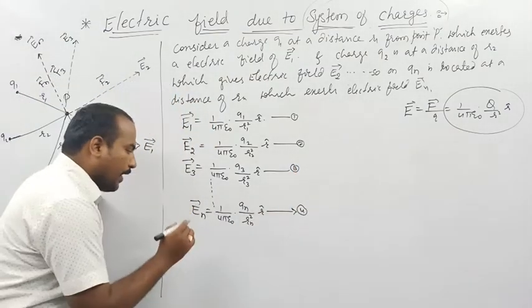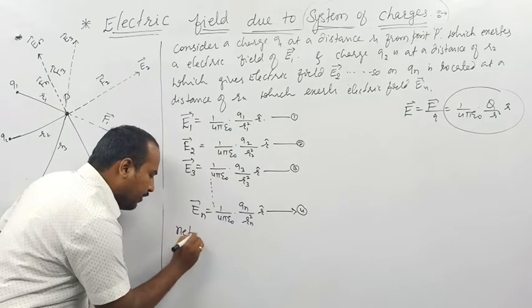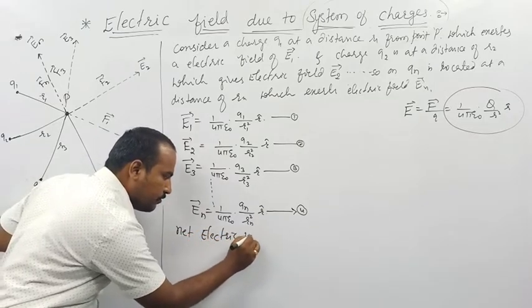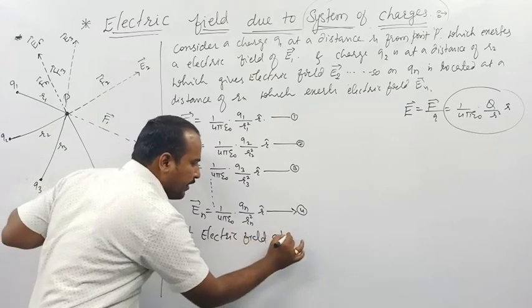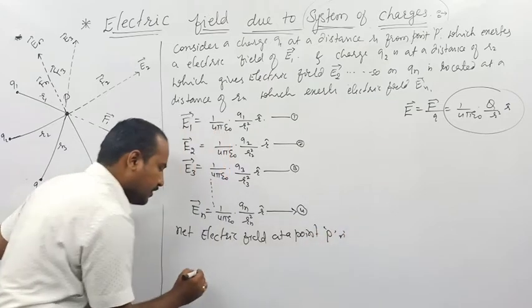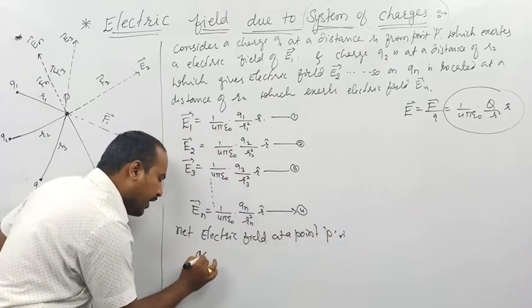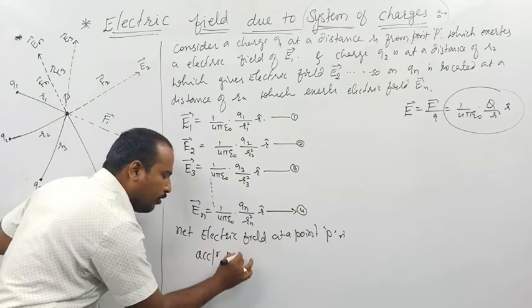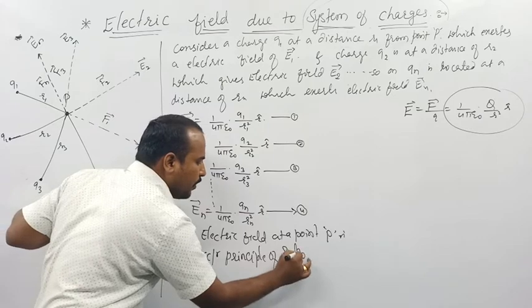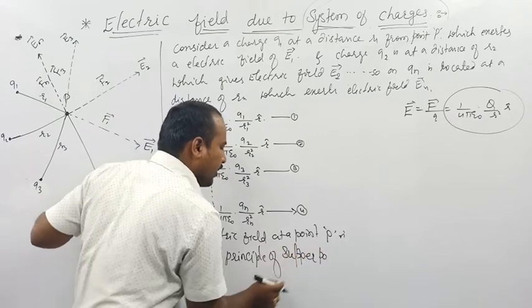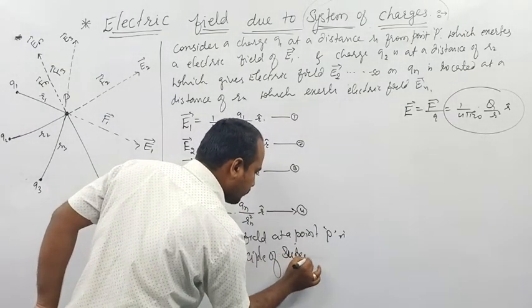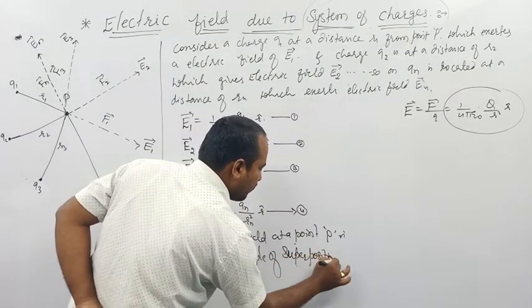Now we have to find the net electric field at point P according to the principle of superposition theorem.